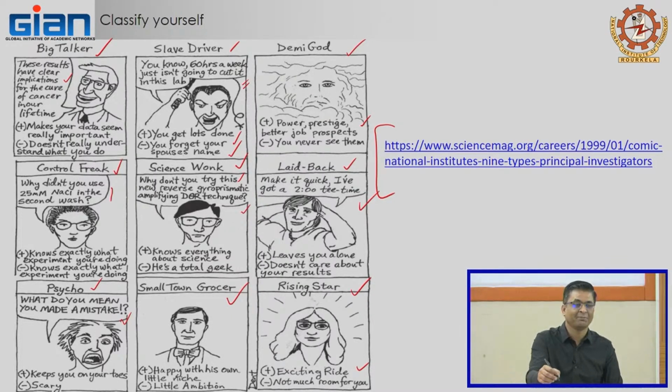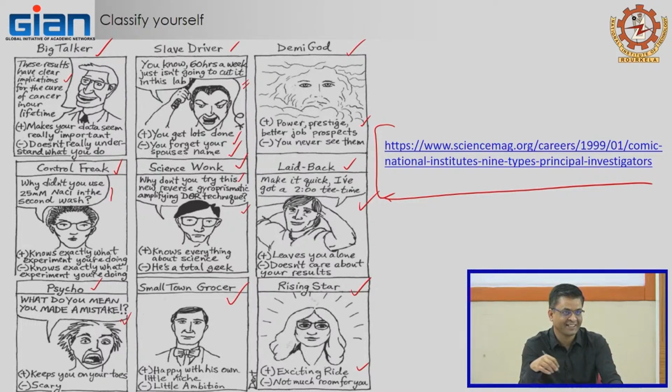If you want to see further detail, go into this Science magazine and you can classify where you stand, or where you fall yourself. Is there any other category which is missing? So this is how you classify yourself, and then you decide whether you really want to be in research or you better find some other career path.